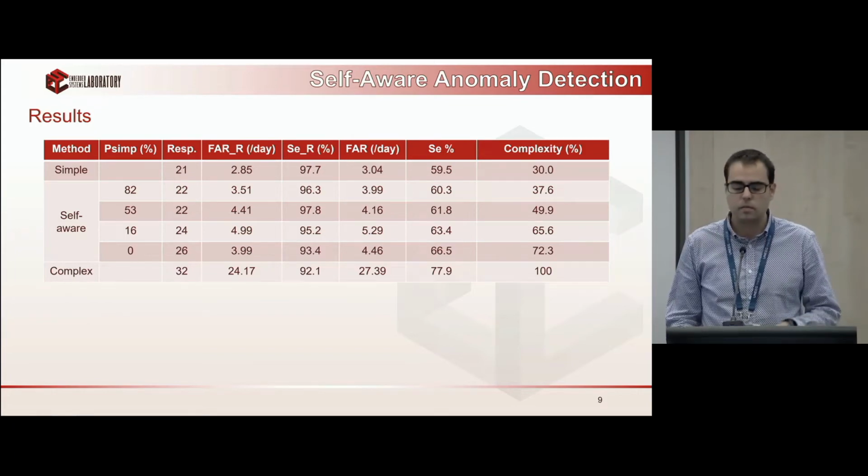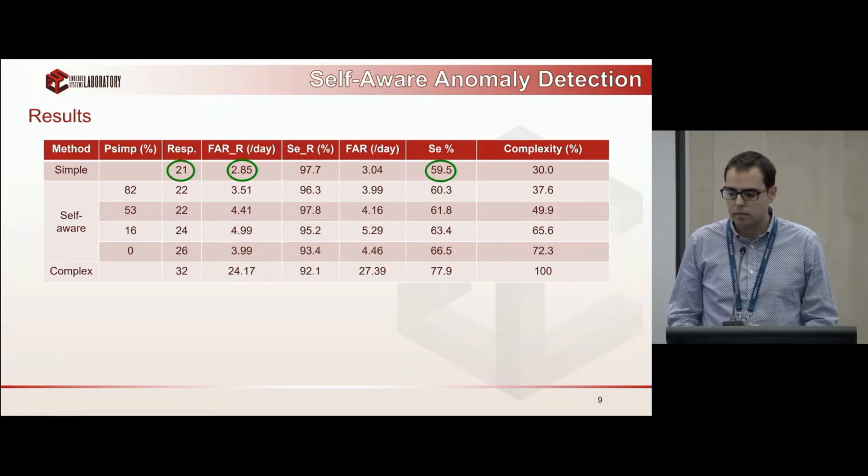That is, a patient is considered a responder if more than 2/3 of their seizures are detected. The total number of patients in the dataset was 43, by the way. Then we have the false alarm rate per day of the responders and the sensitivity of the responders, and the general false alarm rate and sensitivity. And the last column is the complexity of each of the models.